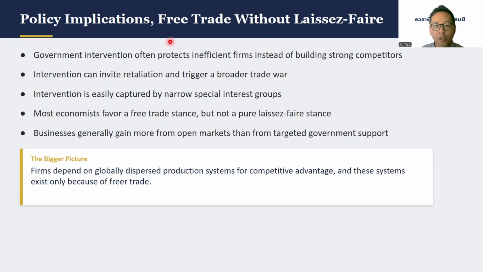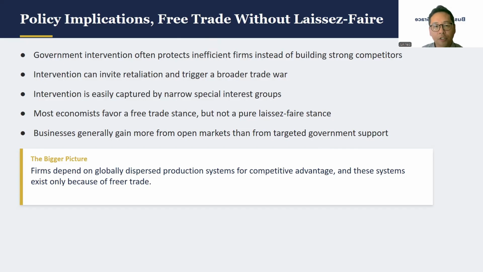This brings us to the second managerial implication, policy implications for business. Government intervention in trade has three common drawbacks. It can be self-defeating because it tends to protect inefficient firms rather than help them become truly competitive.